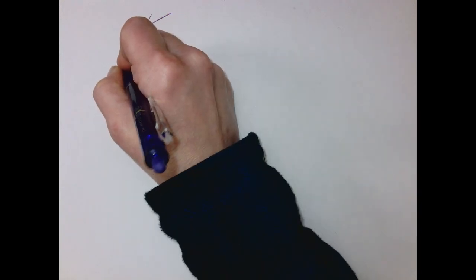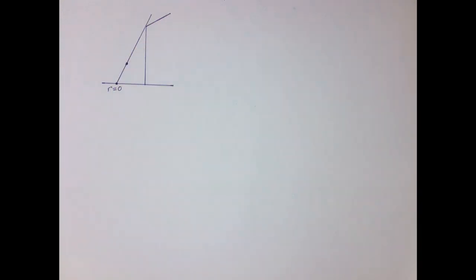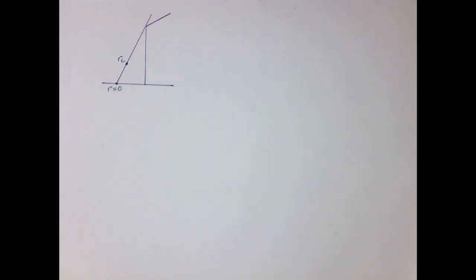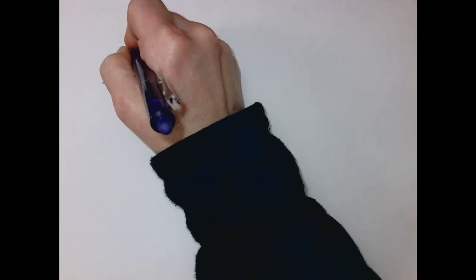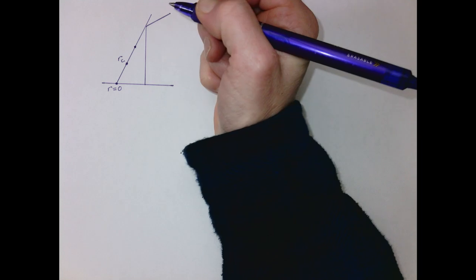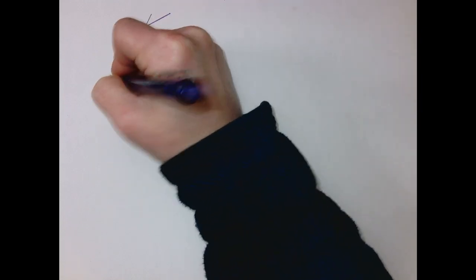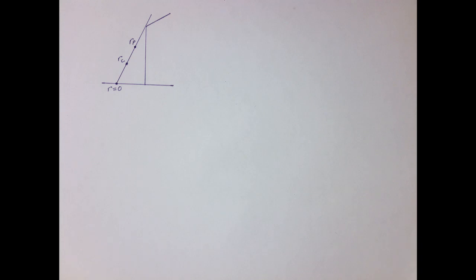The center of mass is given as some distance above the base of the ladder. We'll label that r sub c for the position of the center of mass. The position of the person is also given as a measure above the bottom of the ladder, so we'll label that r sub p for the distance of the person from point r equals 0.